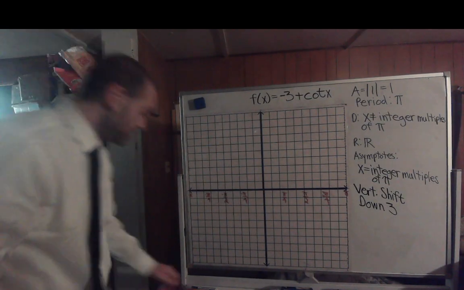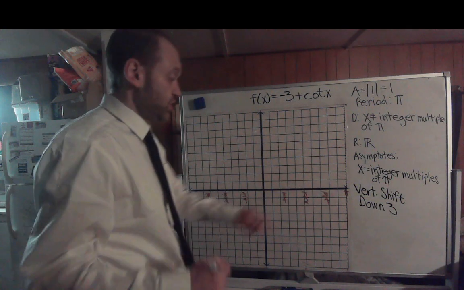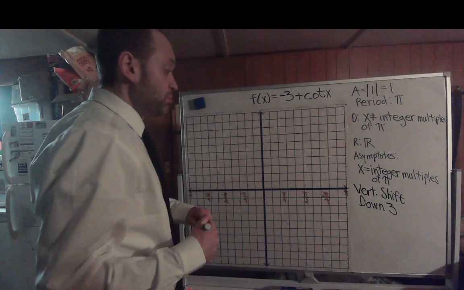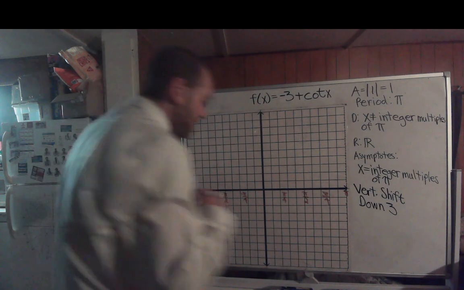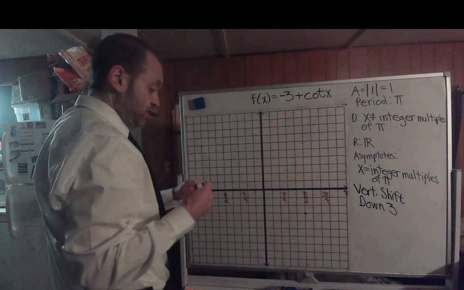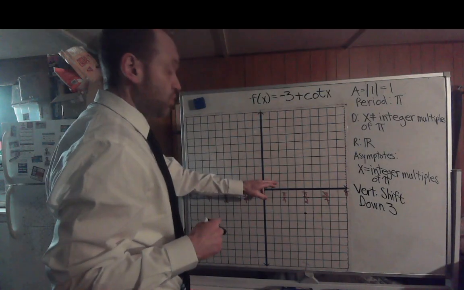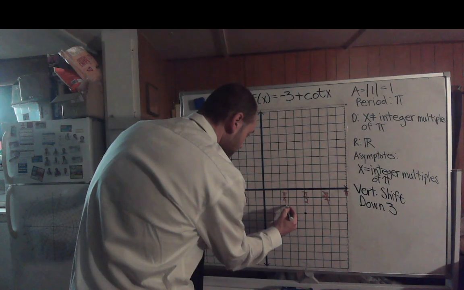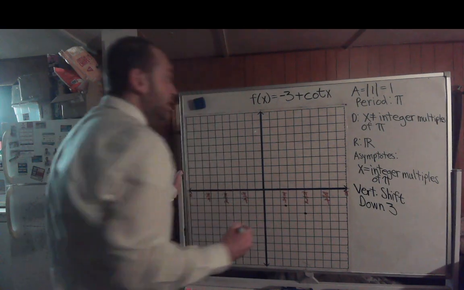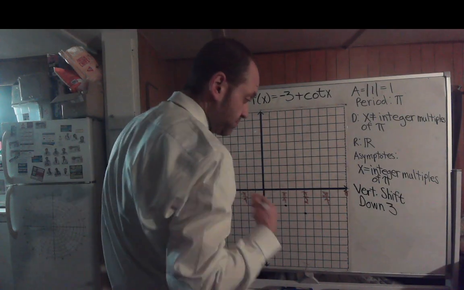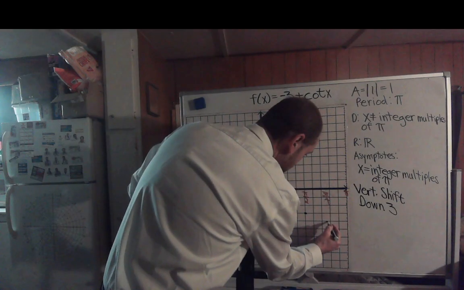Alright, so let's start with the cotangent of pi over 2. That's normally 0, isn't it? But if you subtract 3 from that, you'll be all the way down to negative 3. Now the cotangent of pi over 4 is normally going to be 1. If you subtract 3 from that, you'll be down at negative 2. And then the cotangent of 3 pi over 4 is normally negative 1. You subtract 3 from that, you'll be all the way down to negative 4.